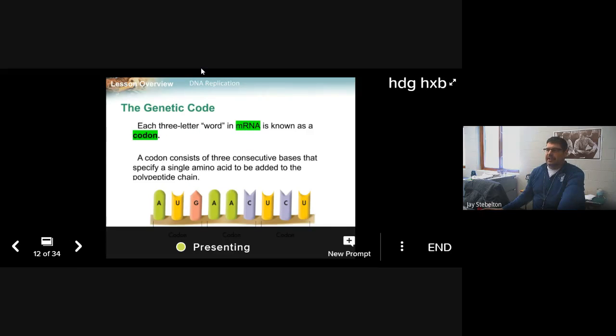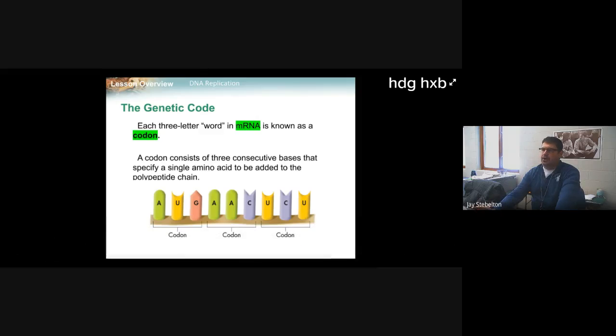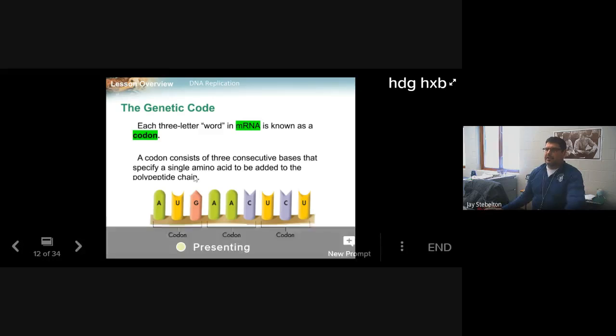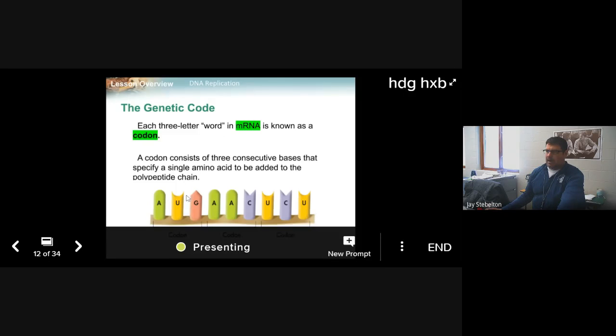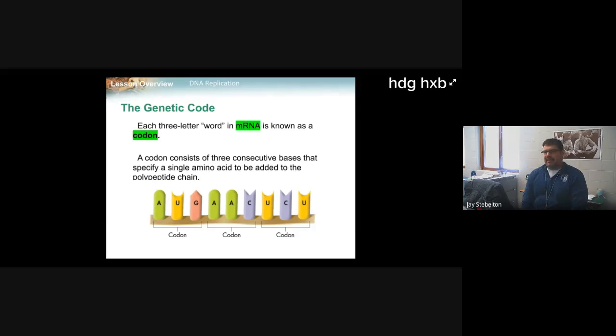Okay, so here's your genetic code. Each 3-letter codon, we call them. A codon consists of 3 letters and helps to form the message from the mRNA. If you look at this, there are 3 three-letter codons. The first one is AUG, the second one is AAC, and the third one is UCU.